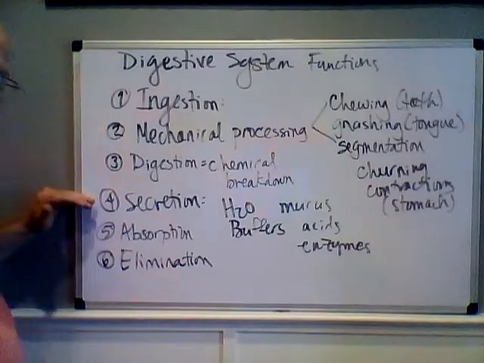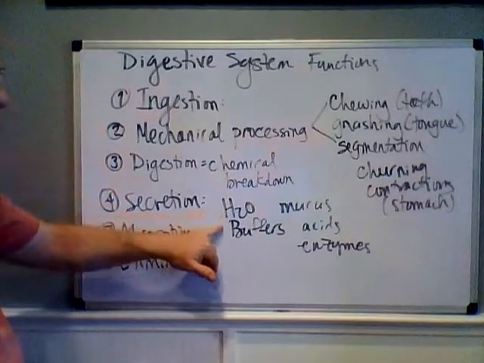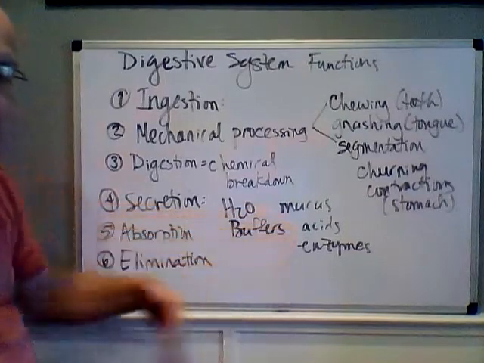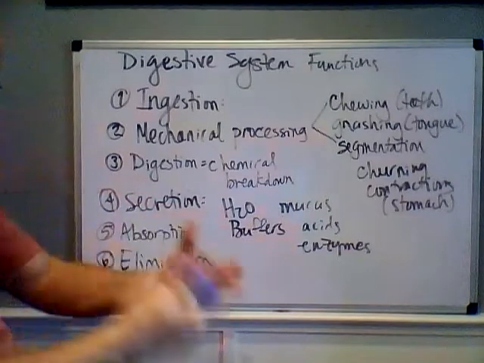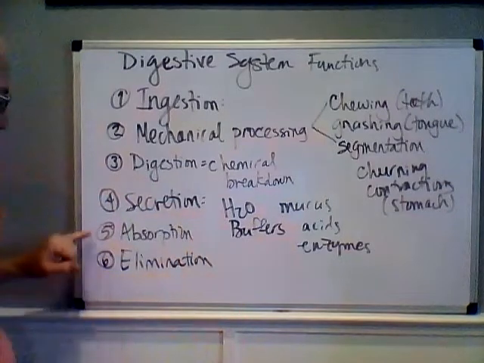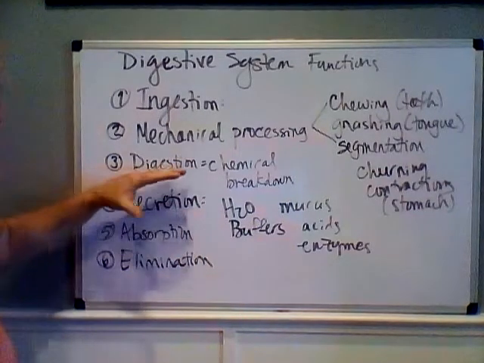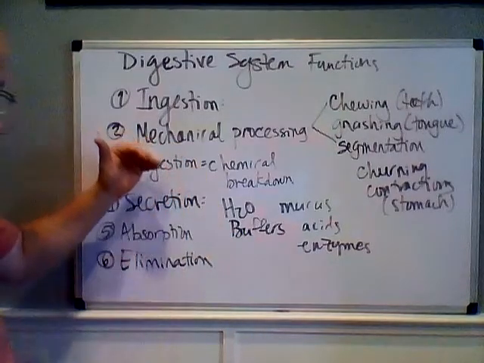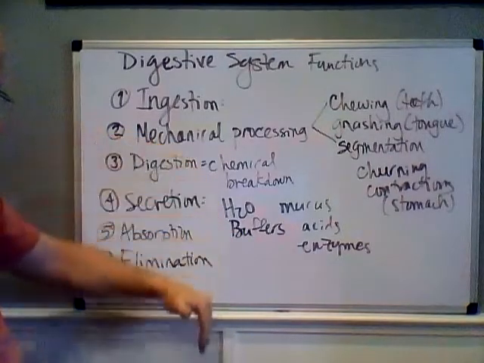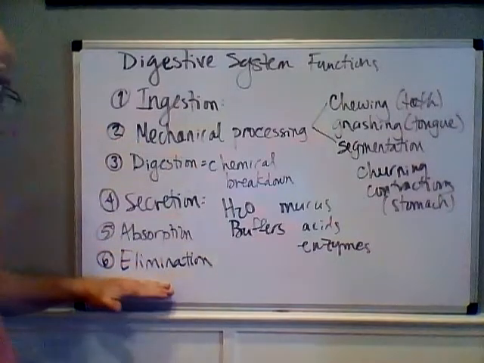The secretion in the tract is we're secreting things like water and buffers and the mucus and the acids and the enzymes. So our cells and glands associated with the digestive tract are dumping this stuff out. Then there's absorption. Once we've broken everything down, we can absorb all the nutrients and the valuable ions and molecules and get them into the body. And then we eliminate the waste and the trash that we cannot use.